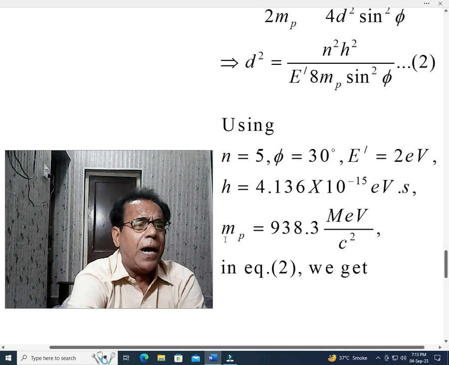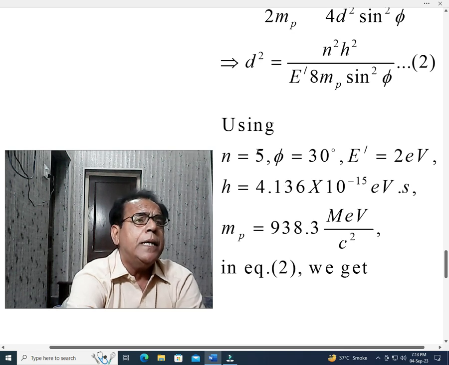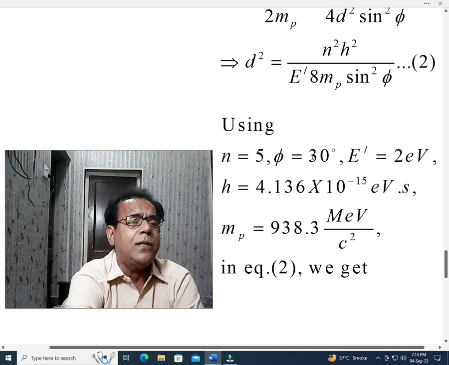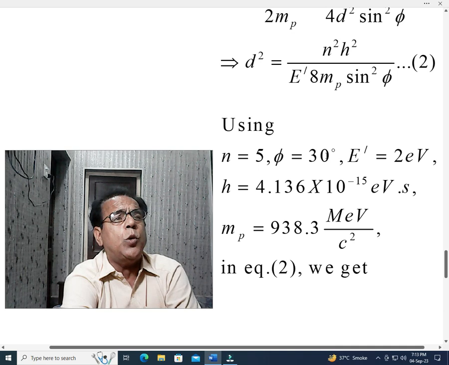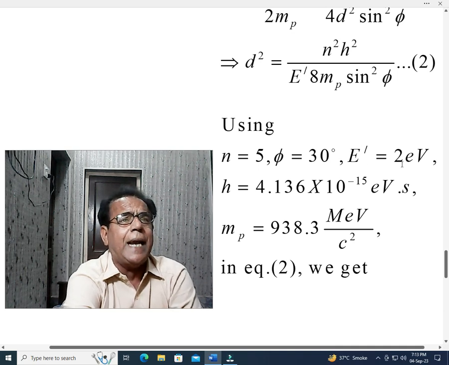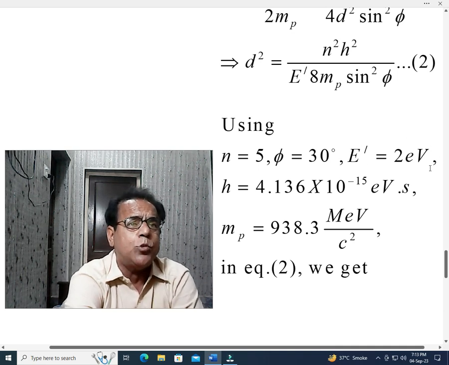The mass of the proton we also took from the table. This value from the table, this value given in the statement, and sine square 30 equal to 1 by 4 equal to 0.25. E dash is equal to 2 electron volt. This is also given in the statement.